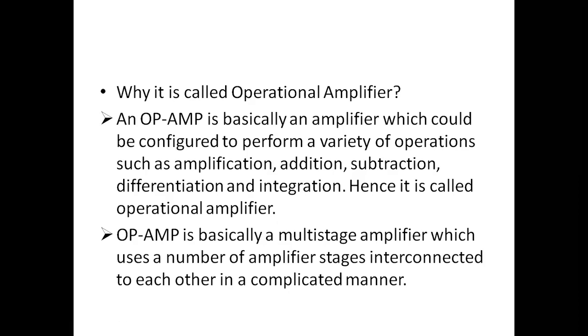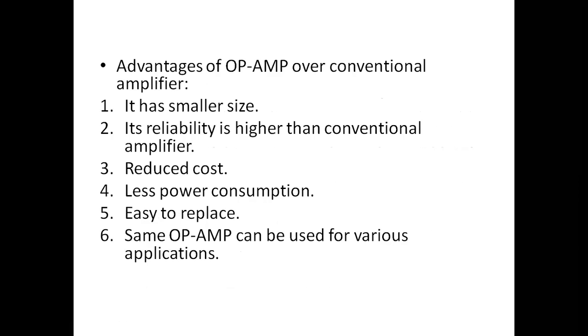So what we are saying here is, when we are supposed to use a multi-stage amplifier, we can use that amplifier as a multi-stage if we connect a number of amplifiers interconnected to each other. At that time we can make a multi-stage amplifier by using a number of op-amps. So here the operational amplifier has lots of advantages over the conventional amplifier.